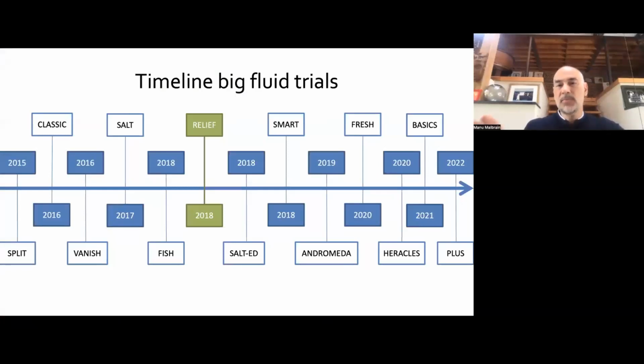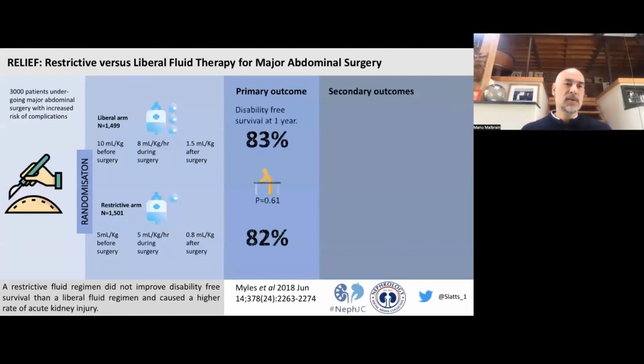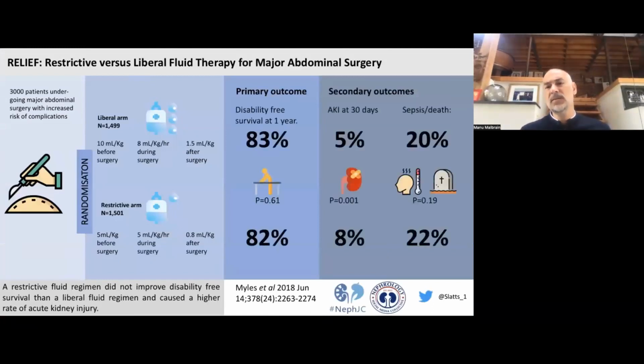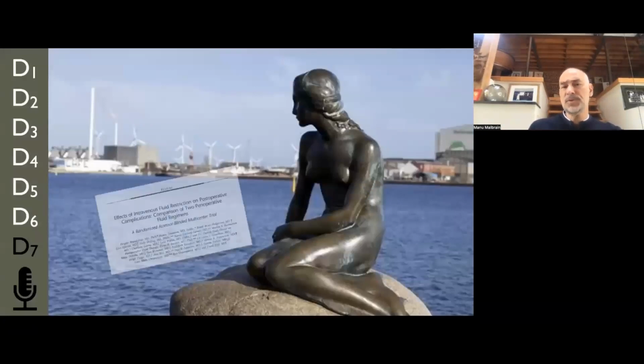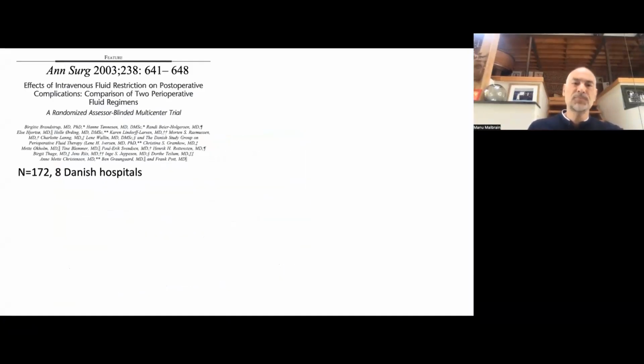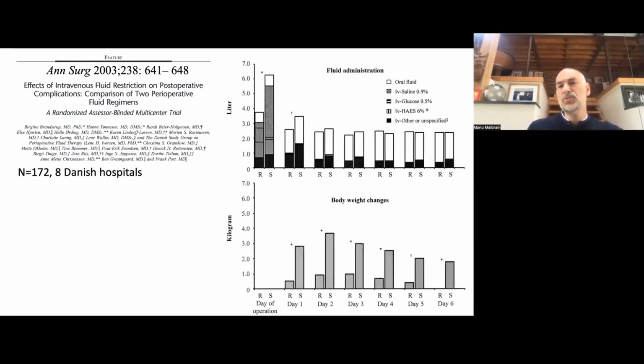So if you look at the timeline of the big fluid trials, there was the RELIEF trial in 2018 comparing restrictive and liberal treatment. There was no difference in primary outcome. There was maybe more risk for AKI in the restrictive group. Later on, there were other studies like the Brandstrup study from Denmark, 172 patients.